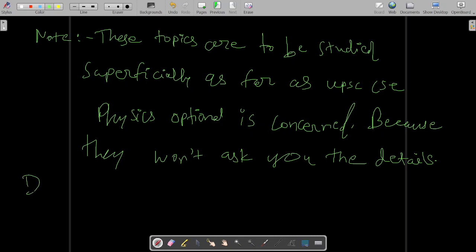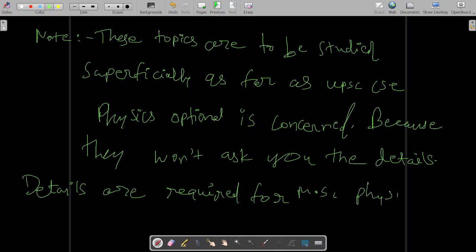Details are required for MSc physics, not UPSC physics optional.